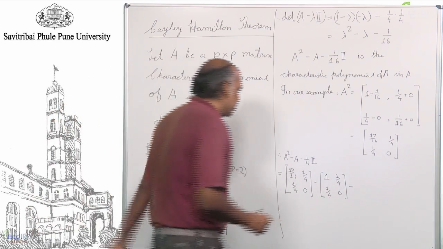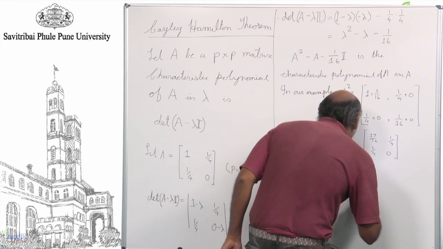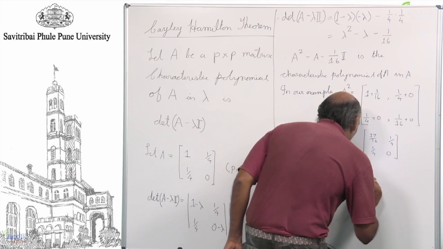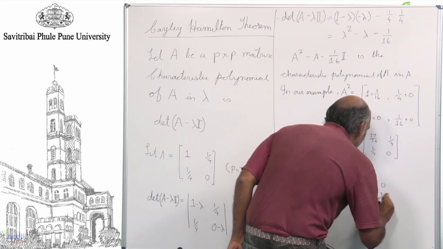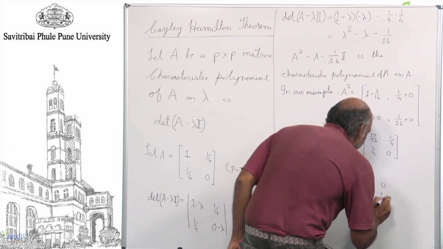I could take that 1 upon 16 inside and have this kind of an expression, 1 upon 16, 0, 0, 1 upon 16.